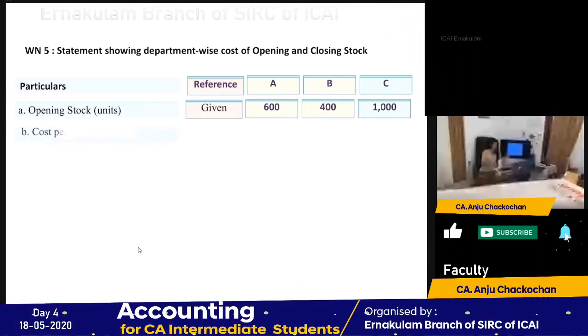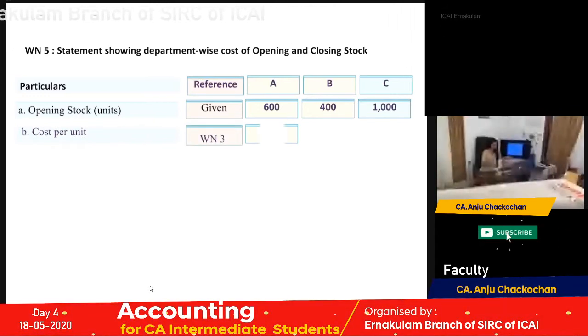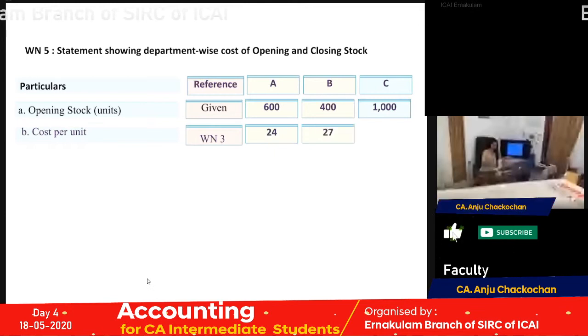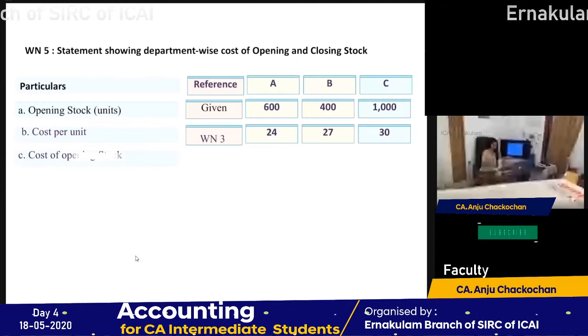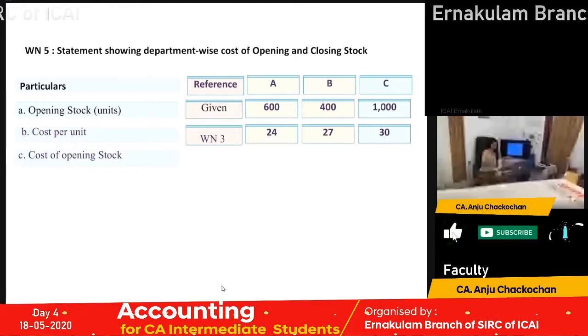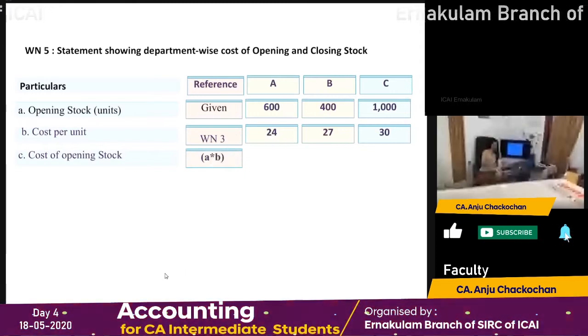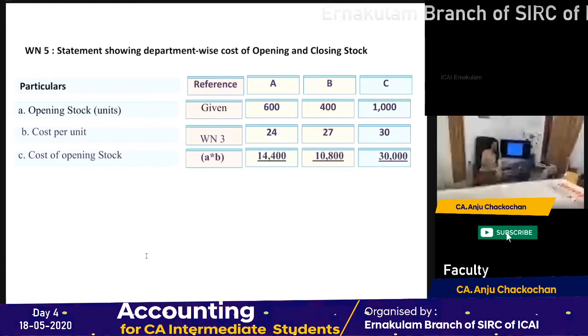And the cost per unit is from working note number 3: 24, 27, and 30. Okay, you multiply, you get the value. Cost of opening stock, you get it. You just have to do the multiplication for that. Okay, 14,400, 10,800, and 30,000 for Department C.